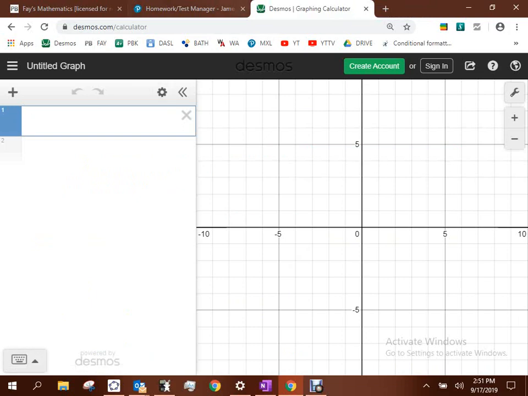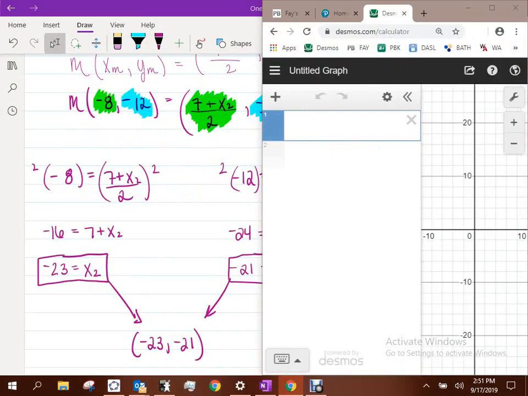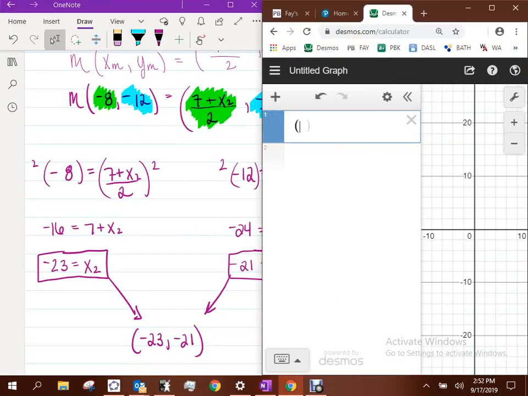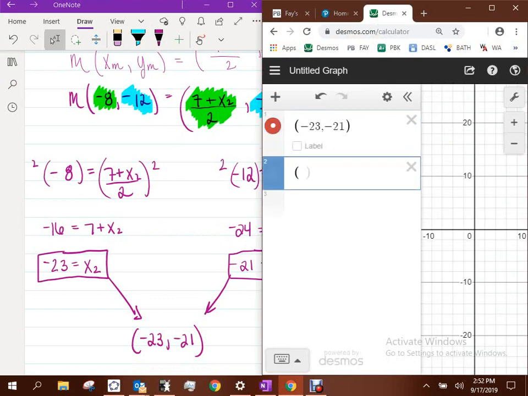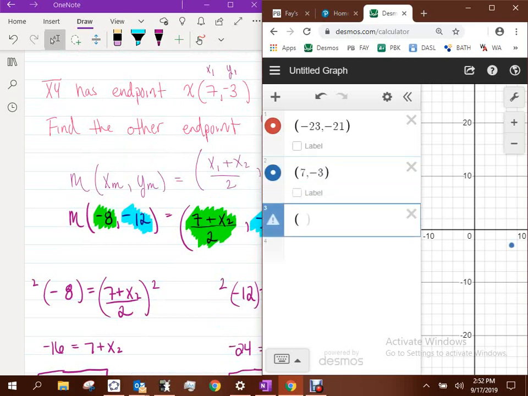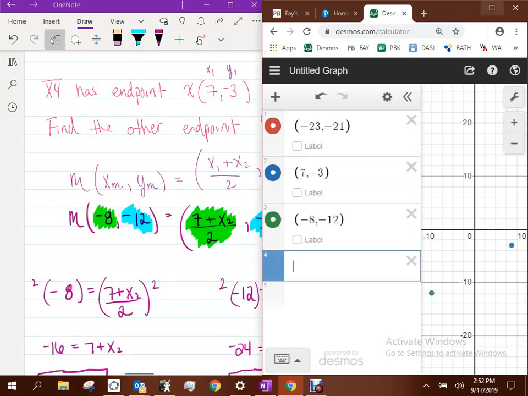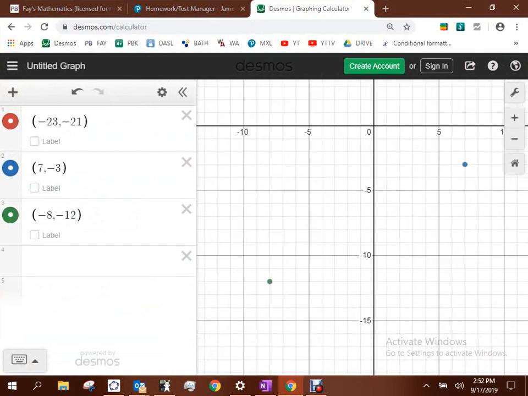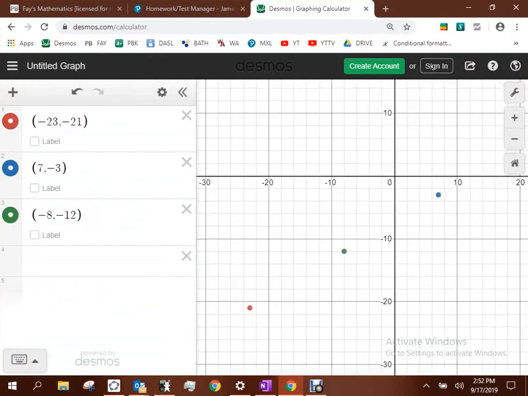But all you got to do then is type in your ordered pair, so negative 23, negative 21. I can't remember what they were. 7, negative 3. And negative 8, negative 12. And then when I type them in as ordered pairs, it automatically graphs them over here. I just might have to zoom out to get them all there.